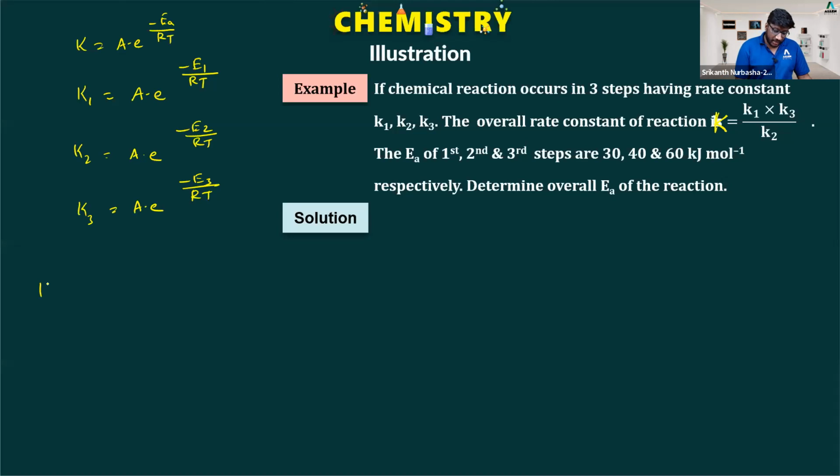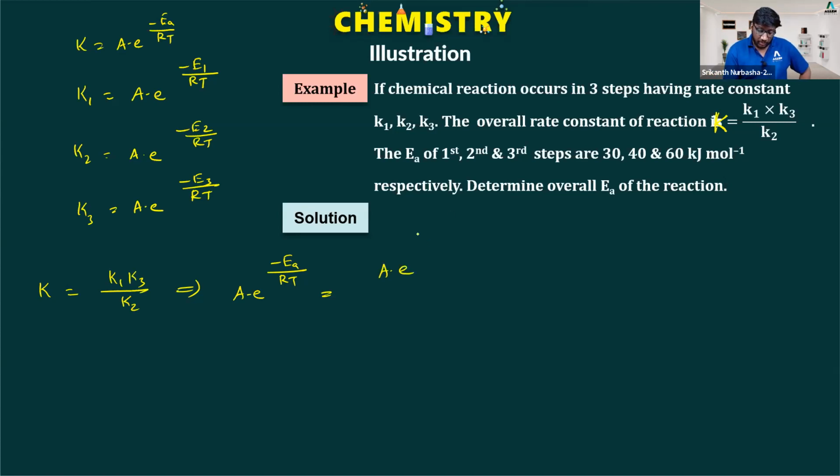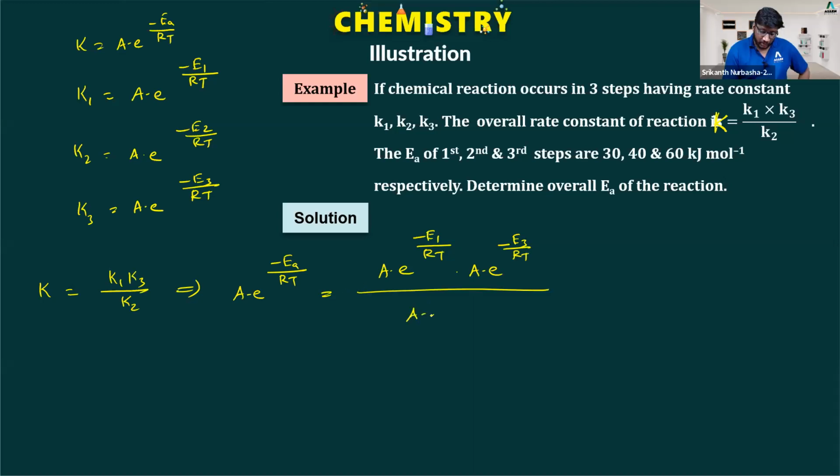So K is equal to K1 K3 by K2. That is, K is equal to A into e power minus EA by RT. K is nothing but for the overall reaction, let us say activation energy is EA. That is equal to A into e power minus E1 by RT into A into e power minus E3 by RT, whole divided by A into e power minus E2 by RT.